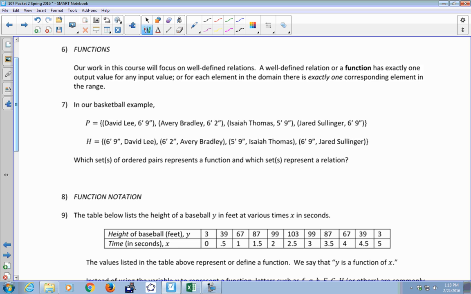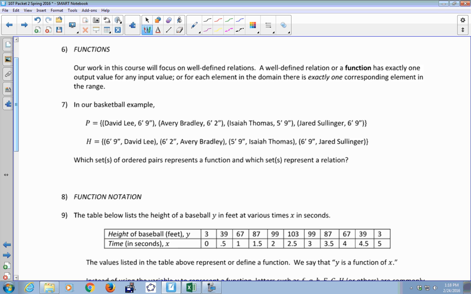So for our basketball example, we have two relations, one where we list name, comma, height, one where we list height, comma, name. Which of those sets, P or H, is a function? Which one is well defined?